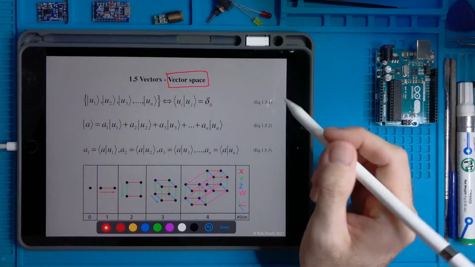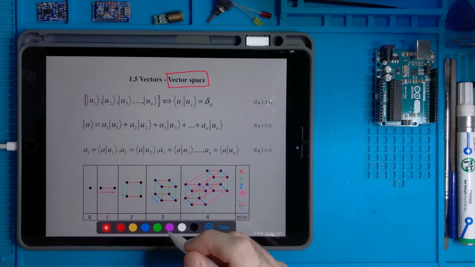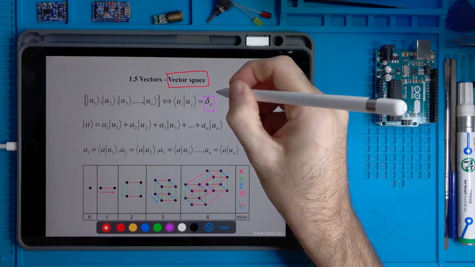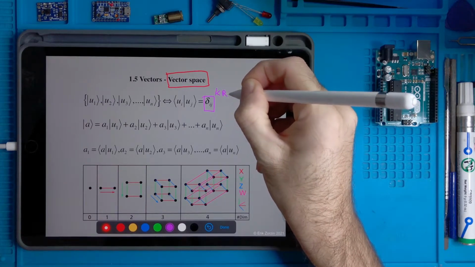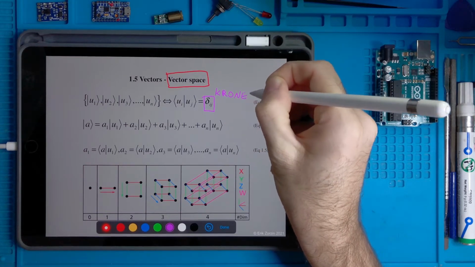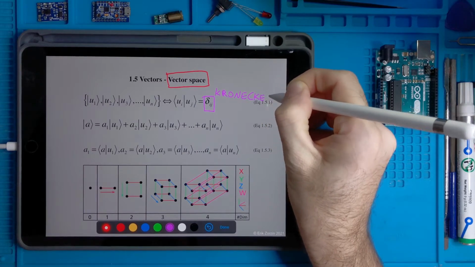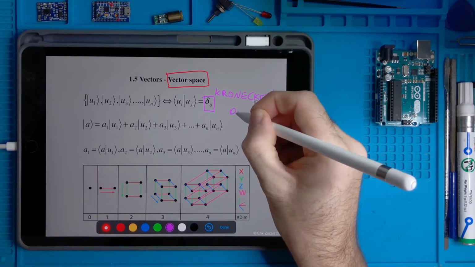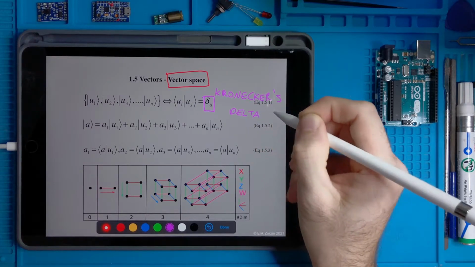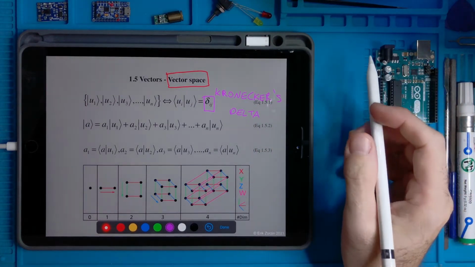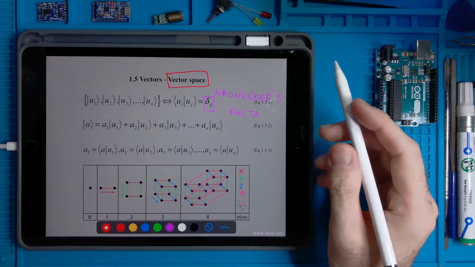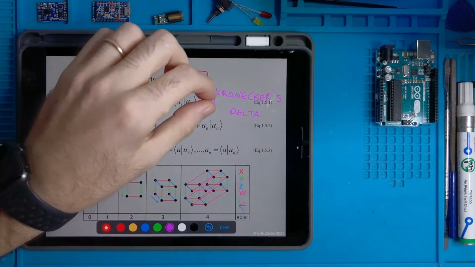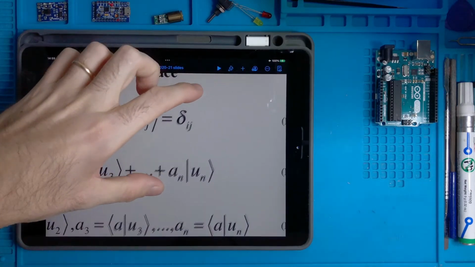So here we introduce another symbol, which is this thing, delta. It's called Kronecker delta. It's just a symbol having this meaning. So let's zoom in a little bit.